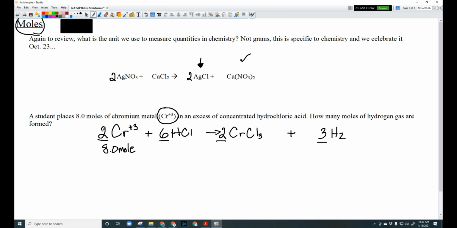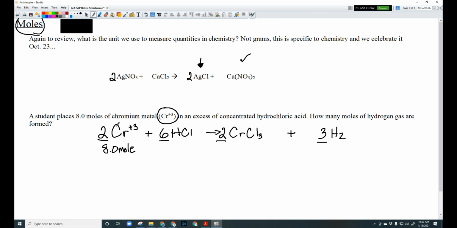So this is really 2 moles of chromium combined with 6 moles of hydrochloric acid will produce 2 moles of chromium chloride, chromium 3 chloride actually is the name, and 3 moles of hydrogen gas. So these coefficients are indicators of an amount in moles.